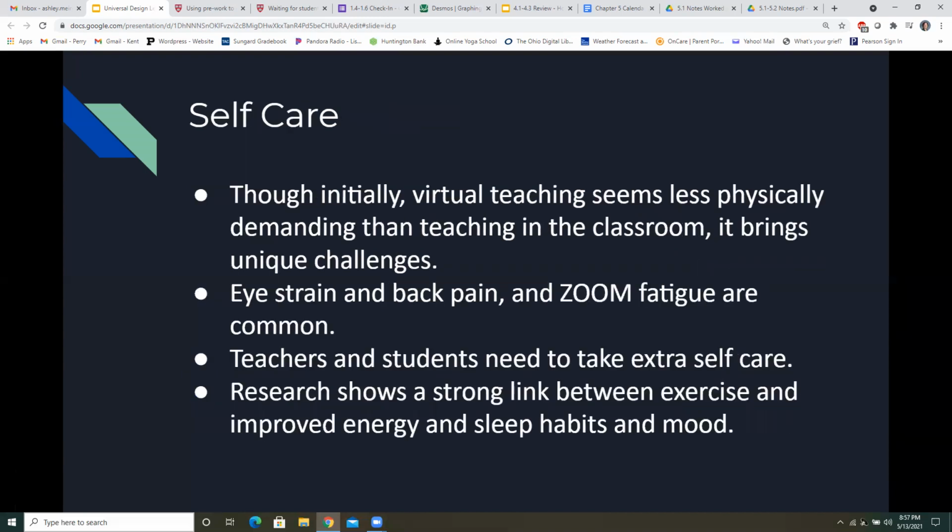So again, this has been a difficult year. So we want to end on a positive note about self-care. Initially, I think we all thought virtual teaching would be less physically demanding than teaching in the classroom, but it did bring unique challenges of its own.